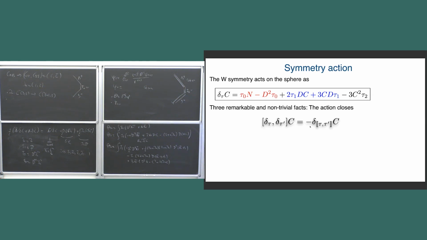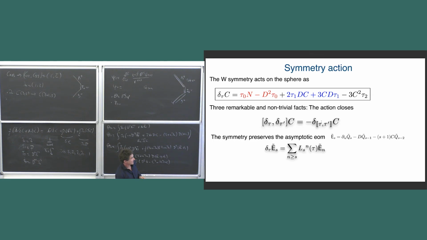It works because this object closes under action. Then I'm going to read off the symmetry algebra with this double bracket here. That's the first fact. The second is that the symmetry preserves the equations of motion: you act on the equations of motion and you get a transformation of the equations of motion.